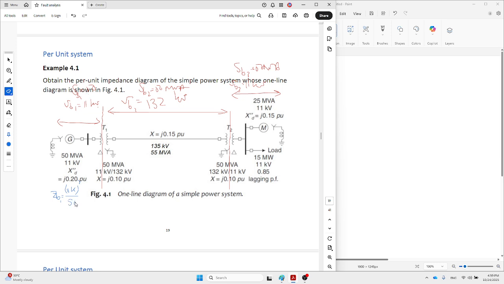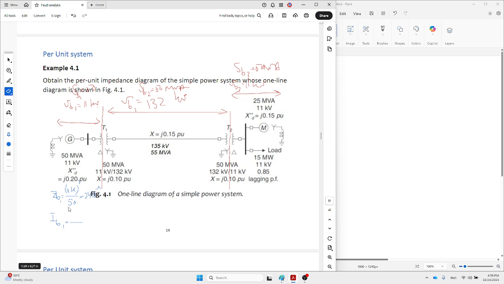So 11 to the power of 2 divided by 50 equals 2.42, correct?